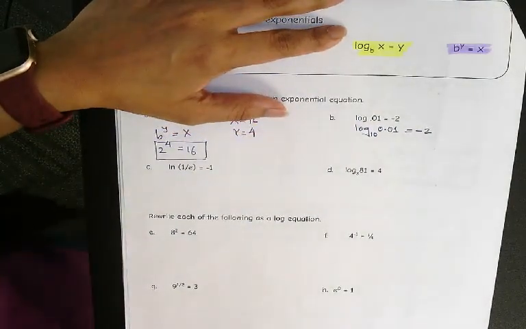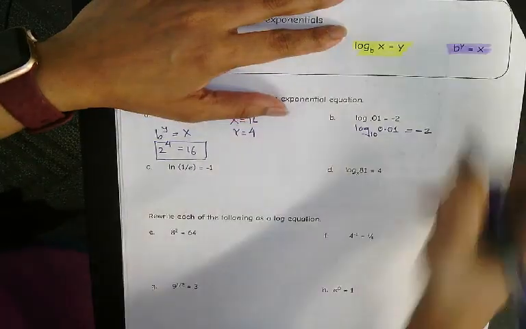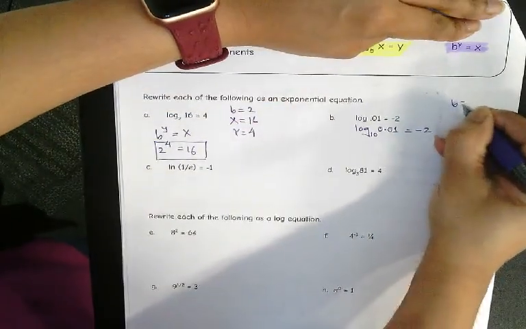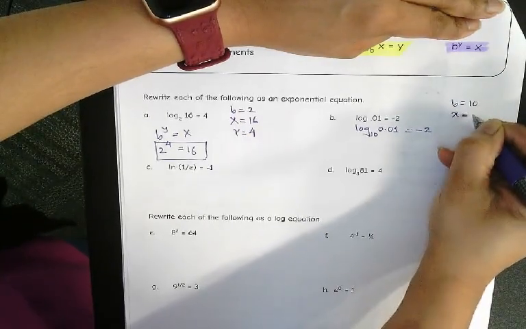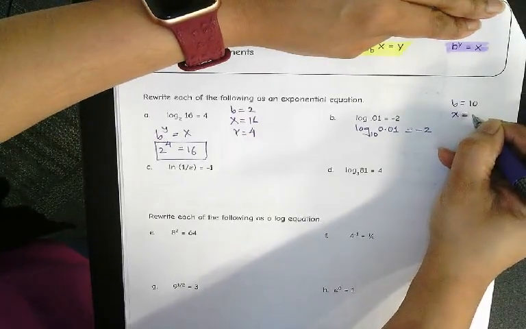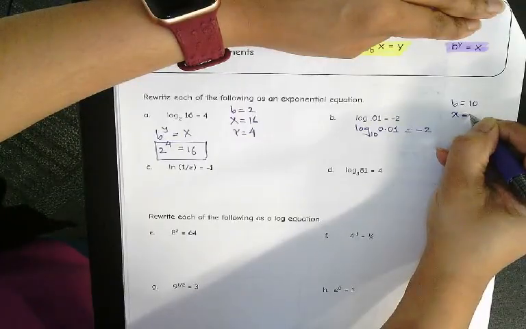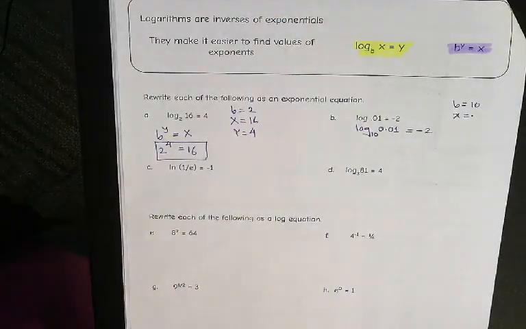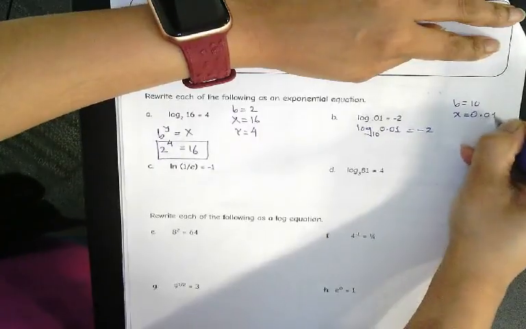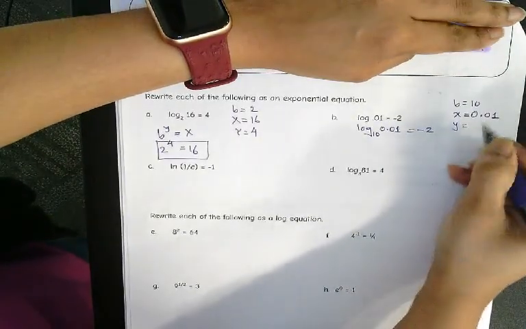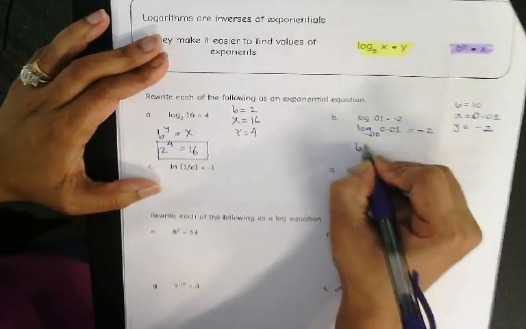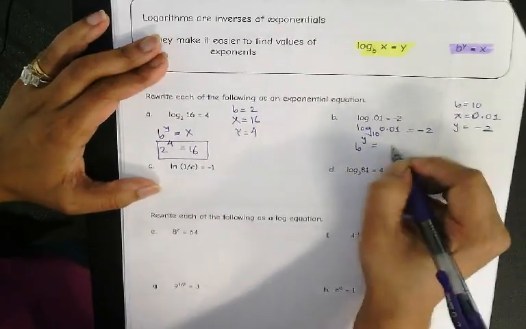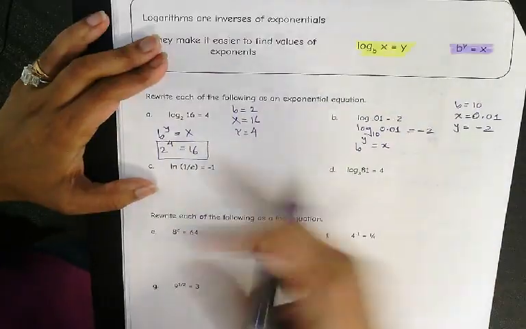Question? What is my b value over here? X. X. Y. And the formula is b to the power y is going to be equal to x. We just plug in everything.